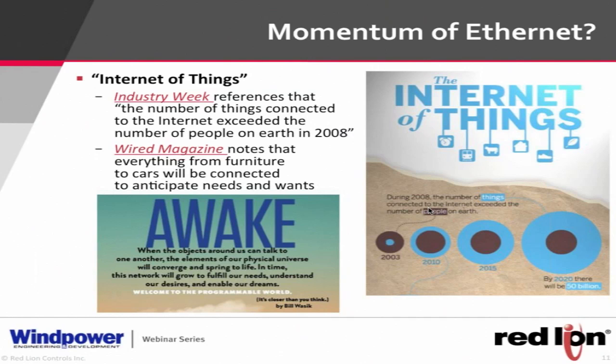And they want to do that with objects, just things that are out there. Ethernet is going to be the protocol that they use to communicate, or some form of it. So Ethernet is going to be everywhere, and it continues to grow and expand. And the Internet of Things is just that.